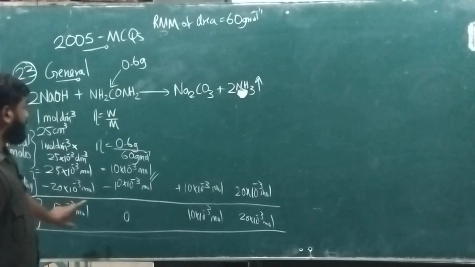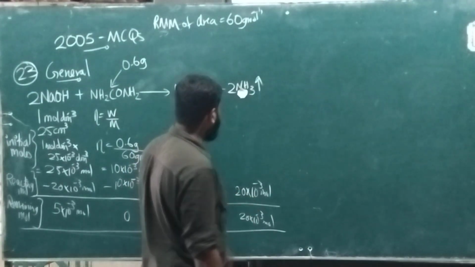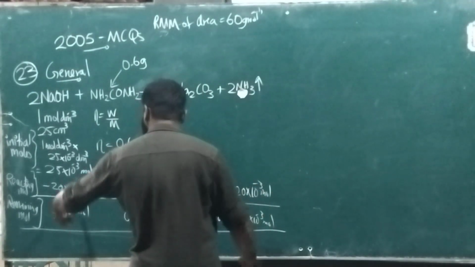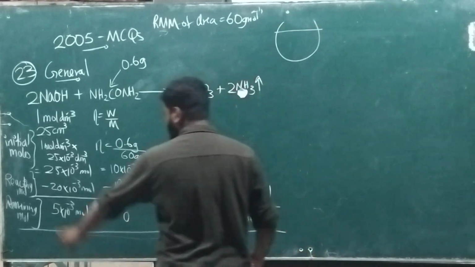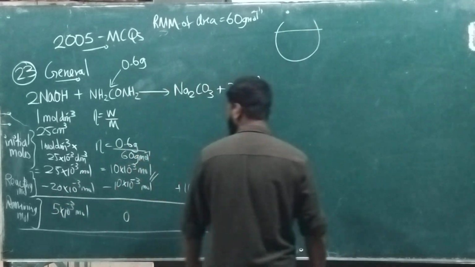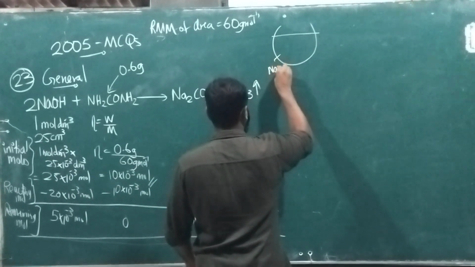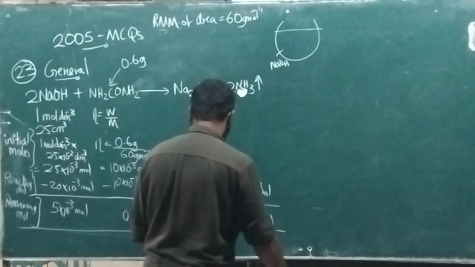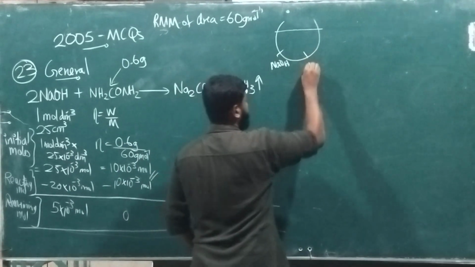See here, what they are doing is now they are boiling this up. They are boiling the resultant solution. In the resultant solution, we have some amount of NaOH remaining, and some amount of sodium carbonate.